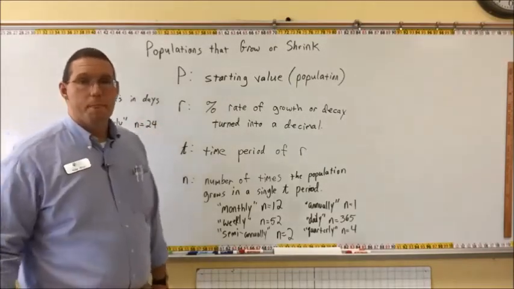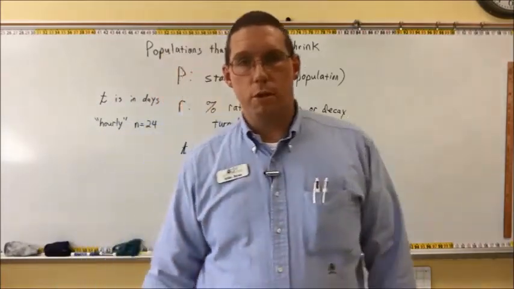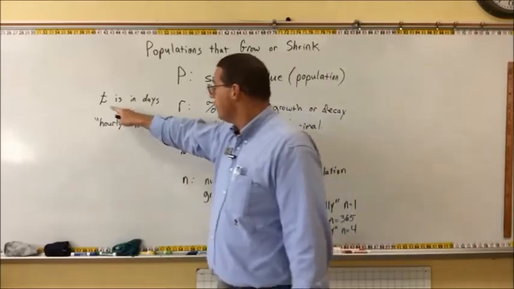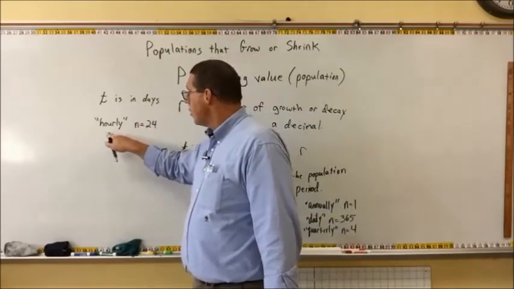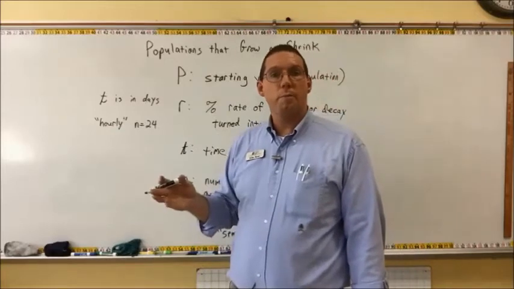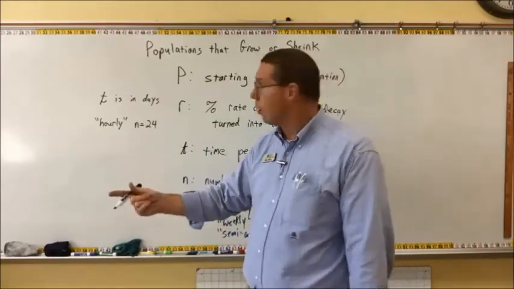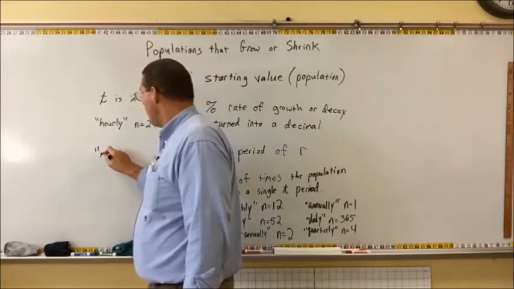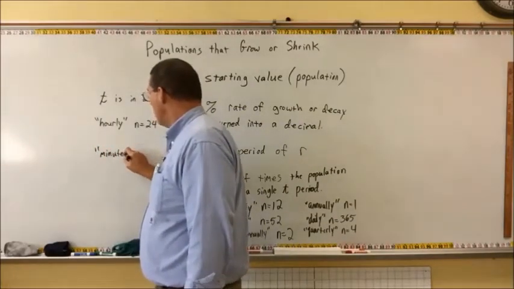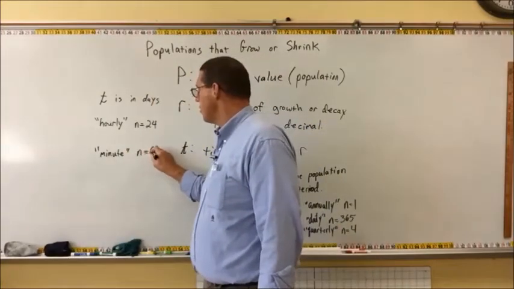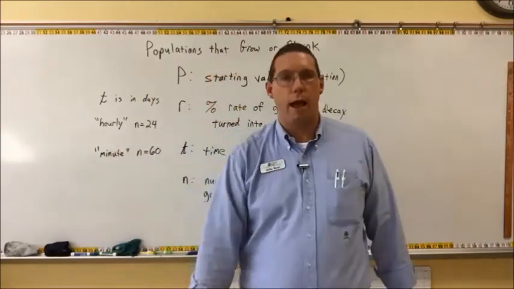So you have to use correct units here. You're basically doing a conversion of units. What if this percentage rate is per hour? What if it's growing at 3.7% per hour, and then it's compounding every minute? Well, how many minutes are there in an hour? Then N would be 60, because there's 60 minutes in an hour.